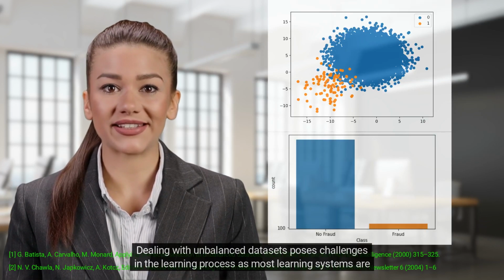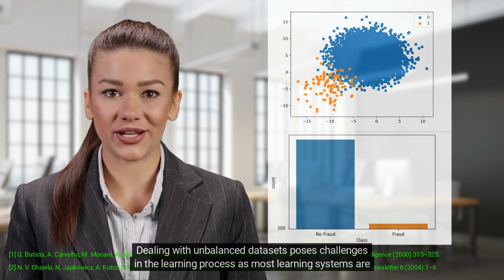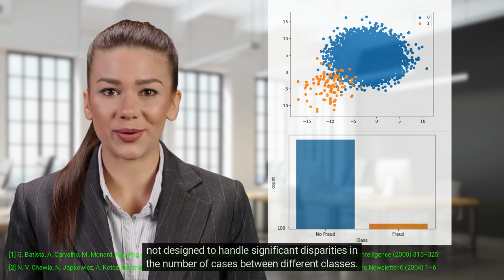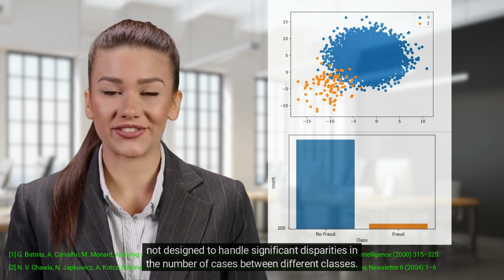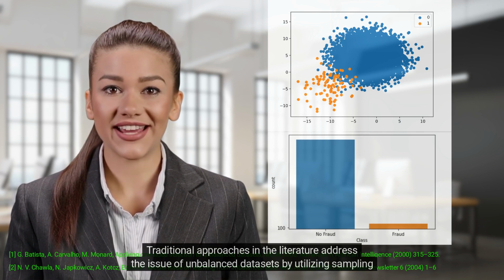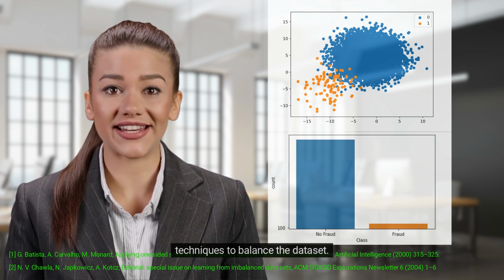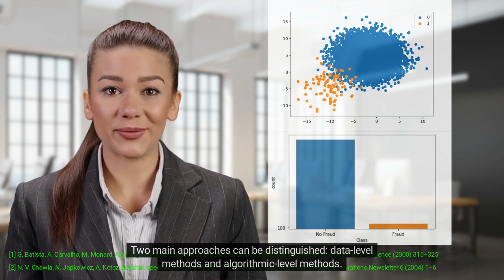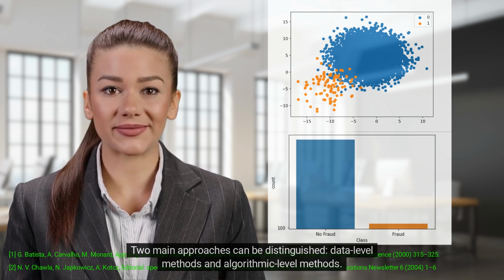Dealing with unbalanced datasets poses challenges in the learning process, as most learning systems are not designed to handle significant disparities in the number of cases between different classes. Traditional approaches in the literature address the issue of unbalanced datasets by utilizing sampling techniques to balance the dataset. Two main approaches can be distinguished: data-level methods and algorithmic-level methods.